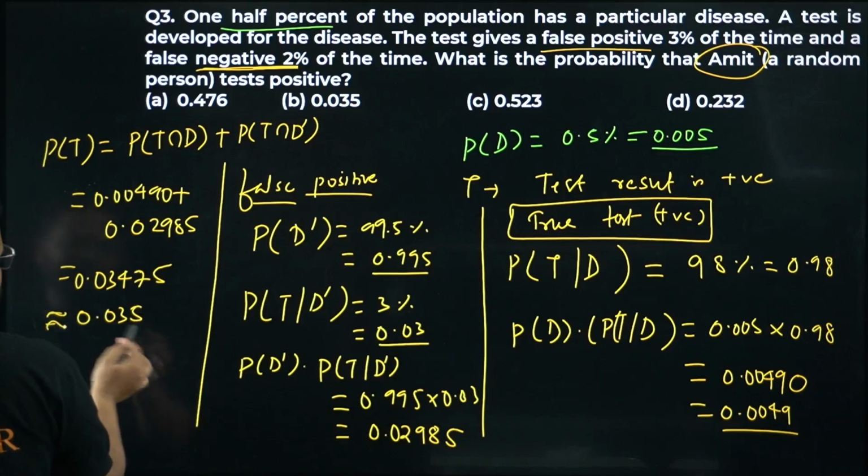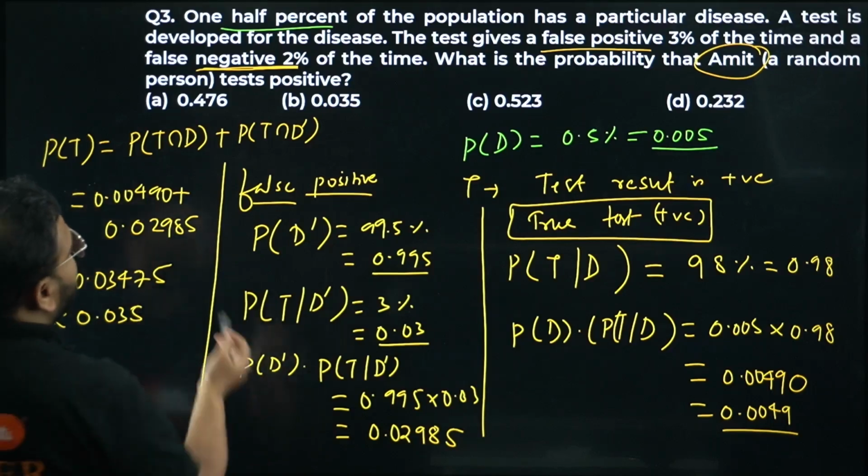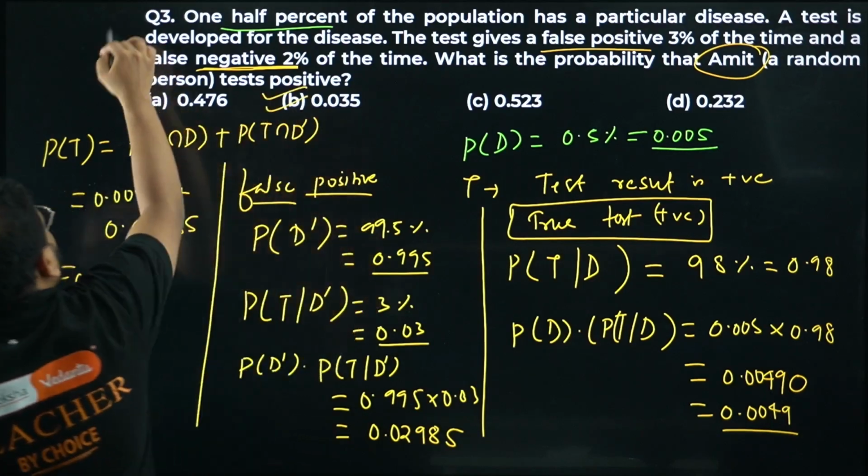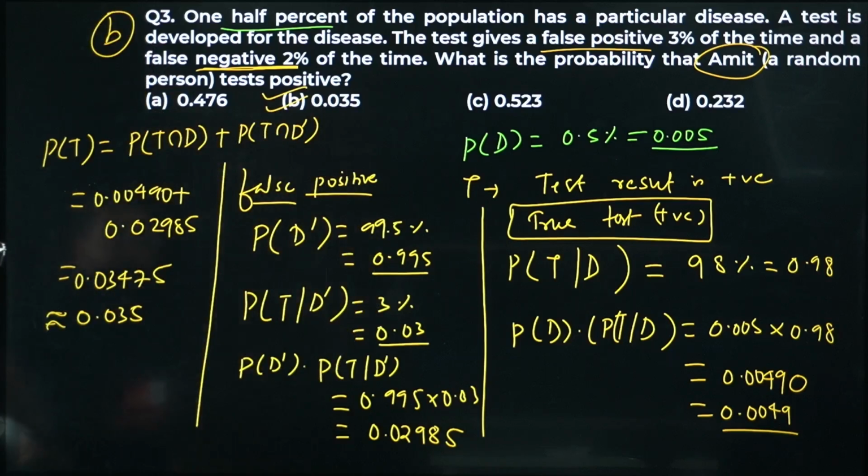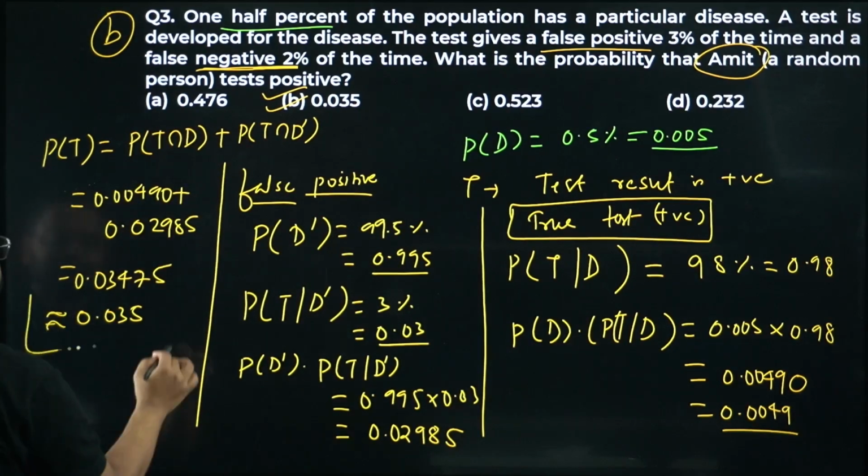If I round off at the third decimal place, the answer will be option B. Option B is right. 0.035 is the correct answer.